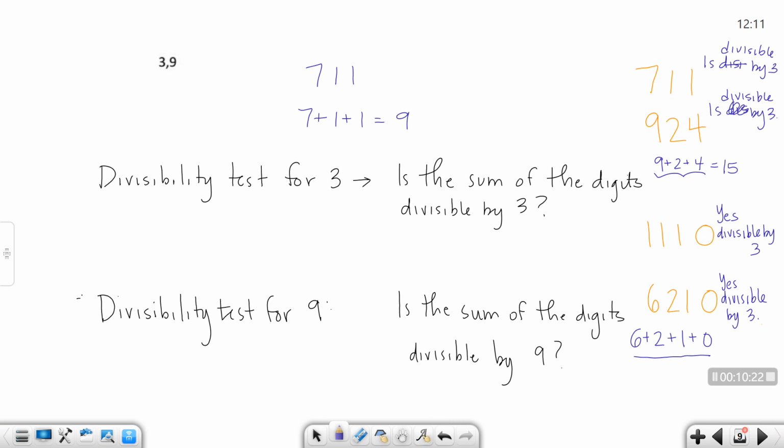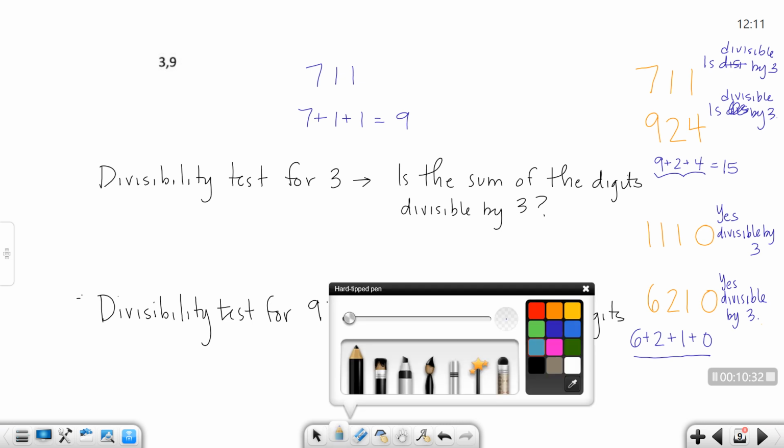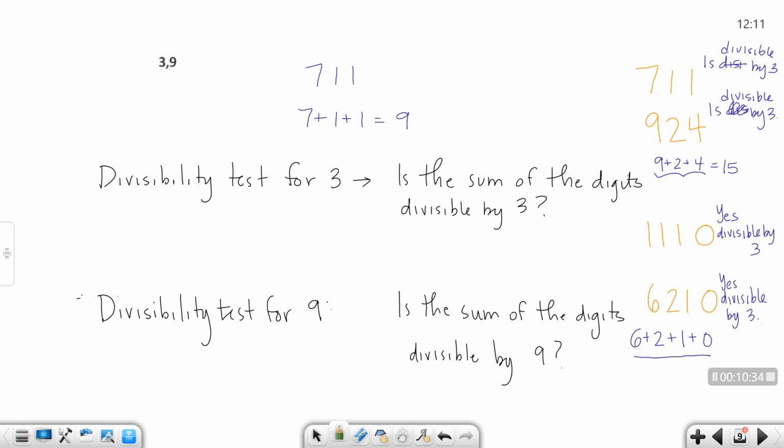Okay, when you get ready to do the divisibility test for 9, you do the same thing, except this time you're saying, does 9 divide it? So let's look up at 711. When we did 711 earlier, 7 plus 1 plus 1 was 9. 9 is divisible by 9, so yes, this one would be divisible by 9. 924.